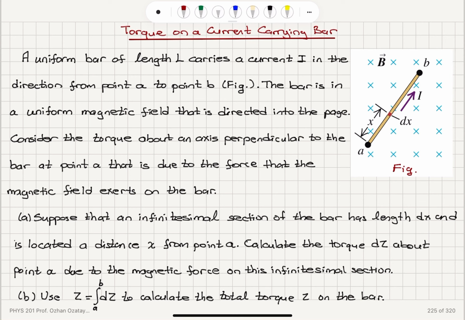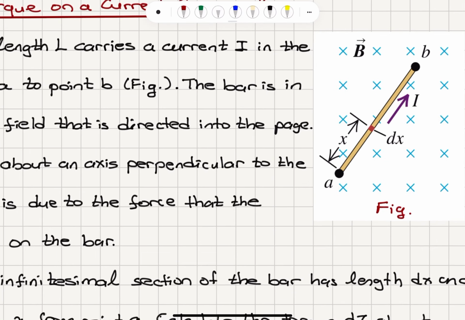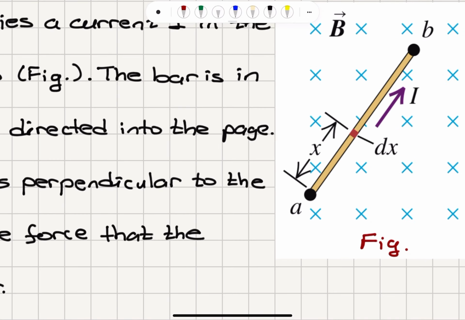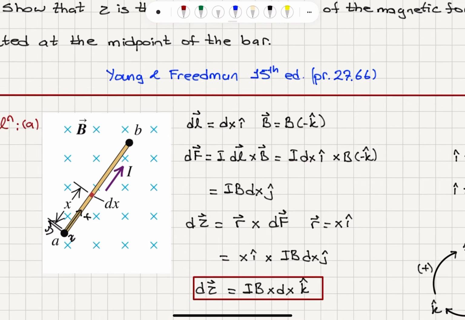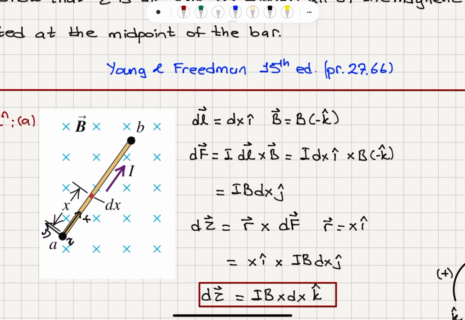Okay, so we're calculating the torque on a current carrying bar. First, we started with an infinitesimal element and we calculated the force acting on this element, which is I dl cross B. The dl vector is in the direction of the current and it has magnitude dx, so I dx i hat. The magnetic field is in the minus k hat direction because I've assumed the z-axis is coming out.